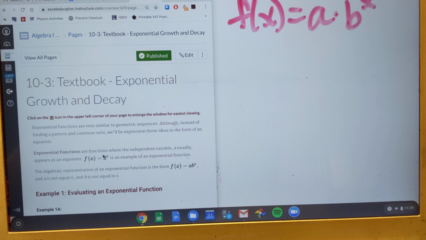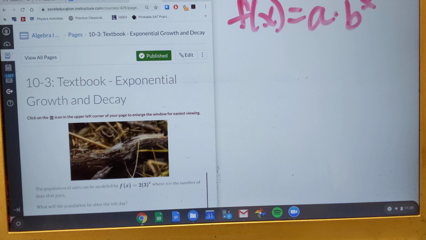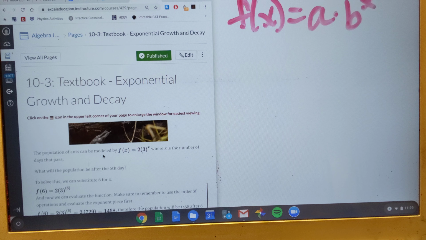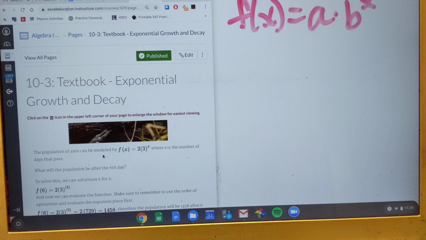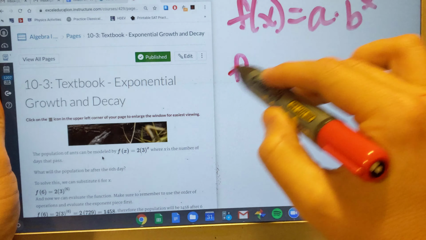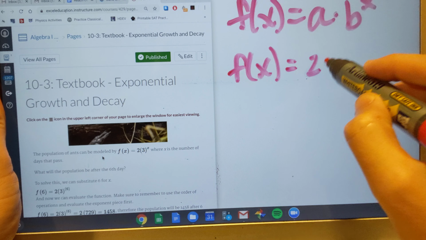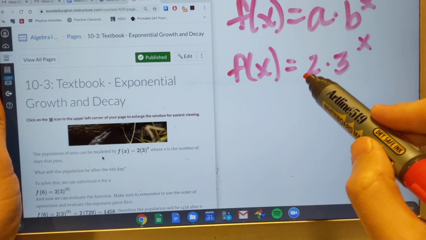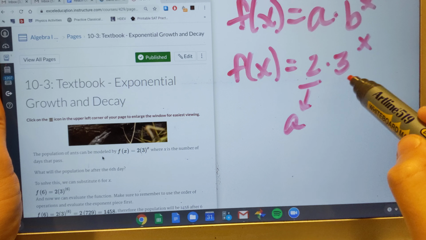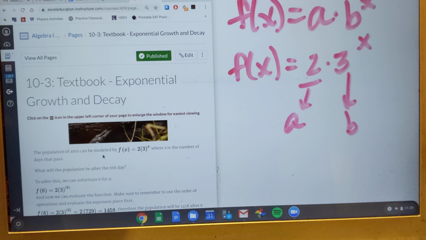Here's our very first example. It says the population of ants can be modeled by the function 2 times 3 to the x. So our a value is 2, this is b, and that's our x, our unknown. And it says x is the number of days that pass as our population grows.